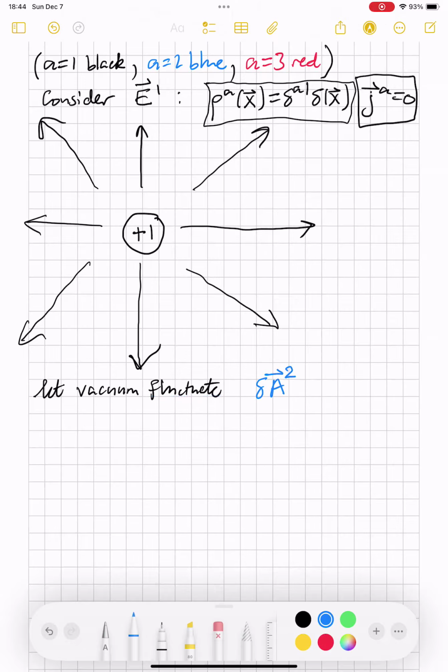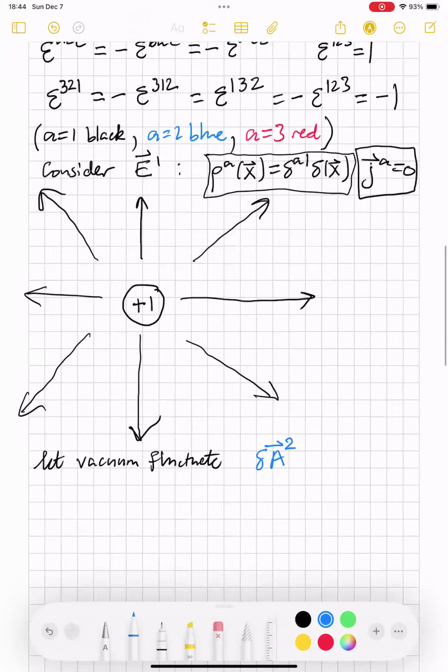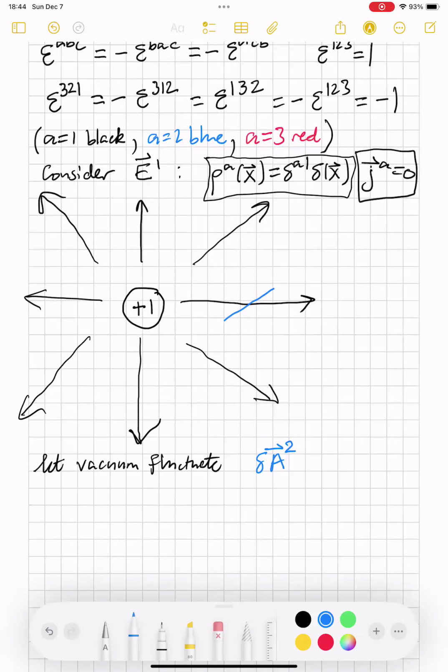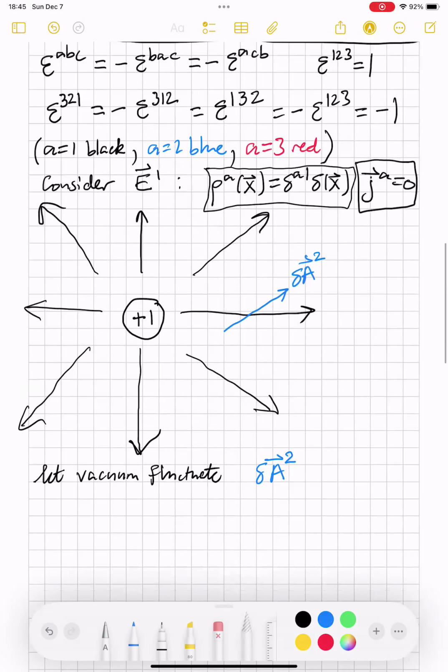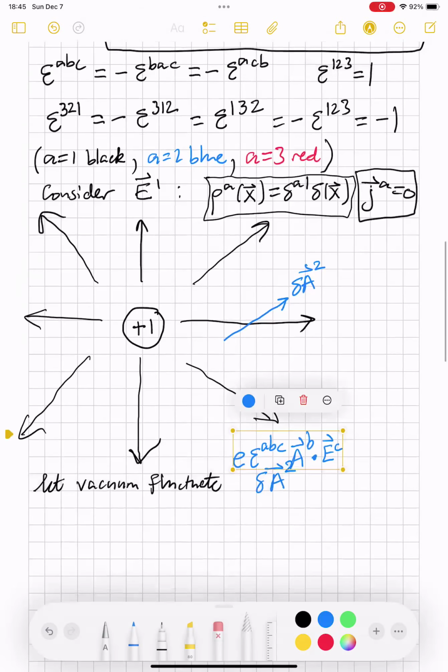Now, when I said I was going to draw the solution, this is what I mean. I will have a fluctuation at this region over here. This is my delta A2. So what I want to know now is, what does this nonlinear term in the equation of motion do? Let's pick it up from here. We'll write it below, and let's see what this nonlinear term becomes.